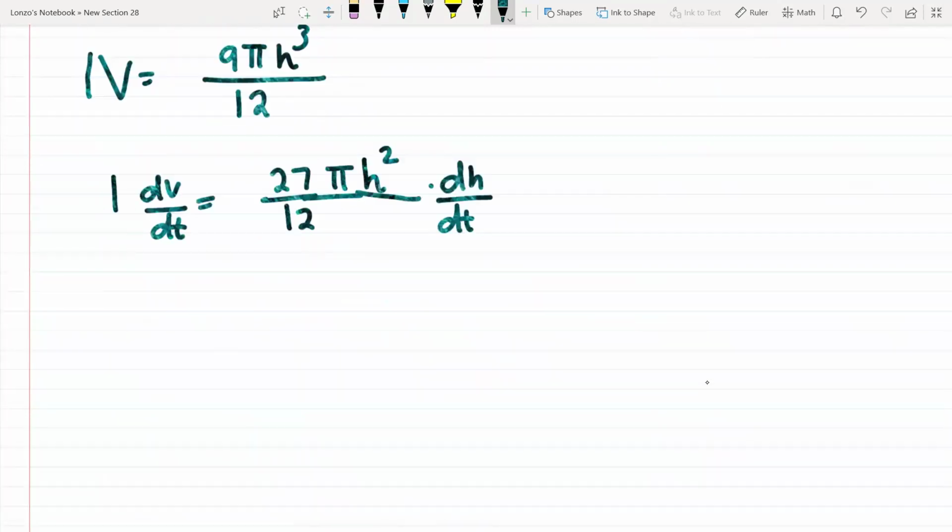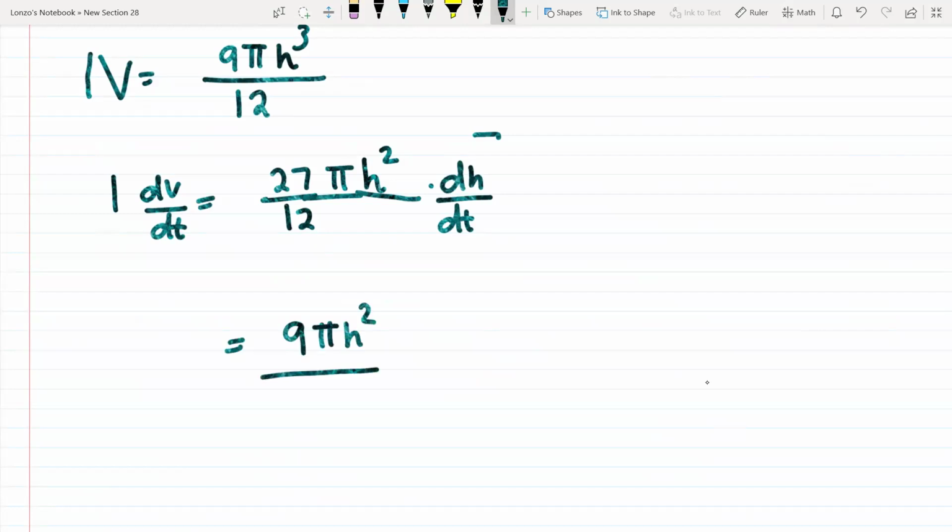So how would I just see this dh dt, I want to get rid of this. How would I do so? Well, I can multiply both sides by the reciprocal. Wait, before I do that, let's see if 27 over 12 can be reduced. It can be reduced by 3. So 27 divided by 3 is 9 by h squared.